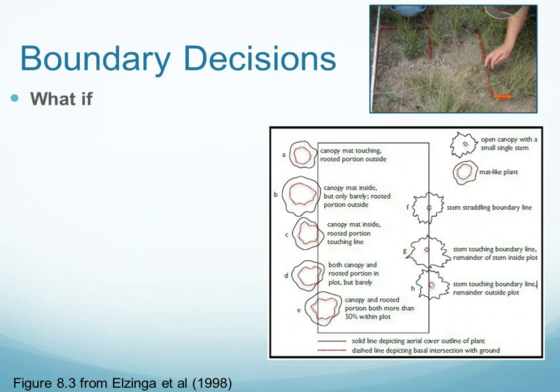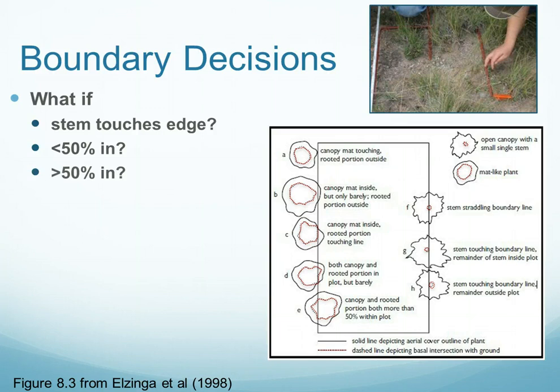So our decisions are, do we include the plant if the stem of the plant touches the edge of the quadrat, such as here or here? Do we decide that it won't be counted if it has less than 50% in, if it must have more than 50% of the stem in? Or what do we do in the case of having exactly half of the stem in and half of the stem out?